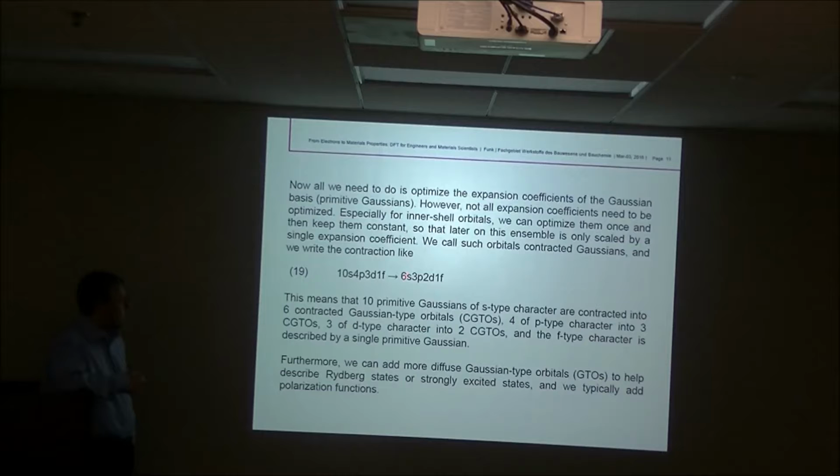And we make 6 contracted Gaussians out of them, which are still of S-type character, for sure. Yeah, because S is just a constant times the radial part, so times the Gaussian part. 4 p-type functions are contracted into 3 p-type functions. Well, actually what this means, this 4p to 3p, is pretty clear.